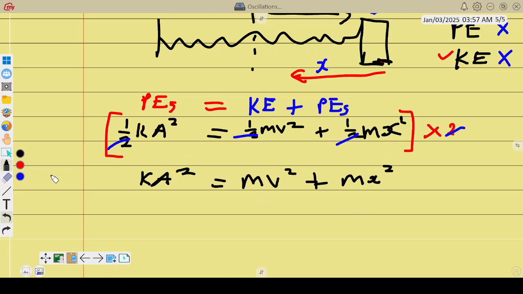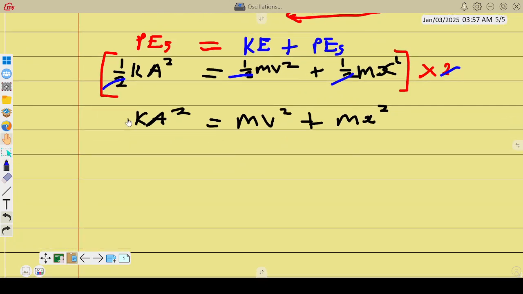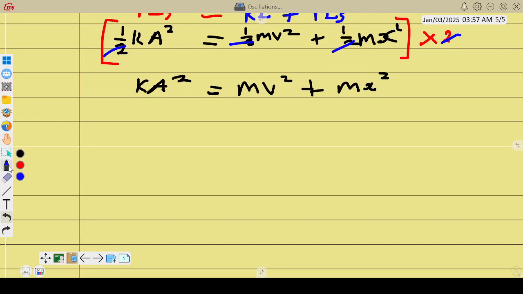So to make v the subject, we can take this to the other side so that we just remain with this. So what are we going to have? We're going to have k a squared here minus this mx squared.